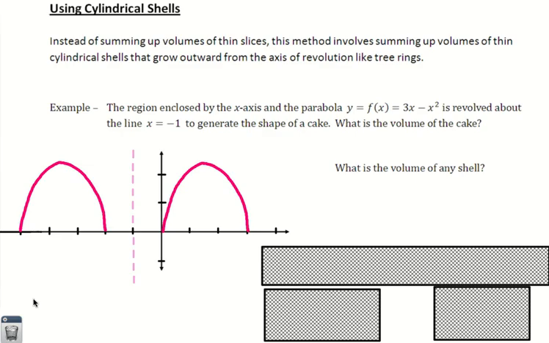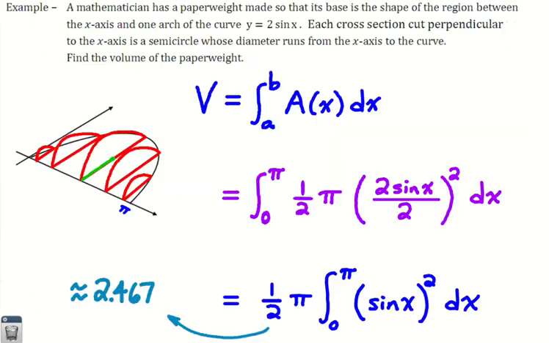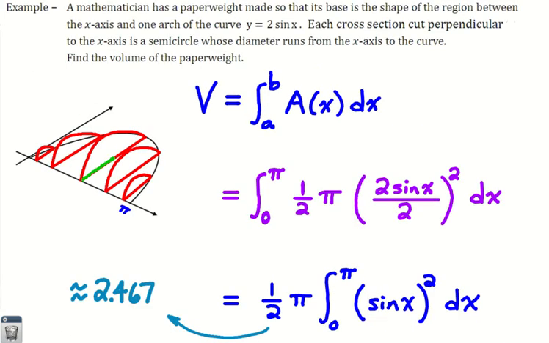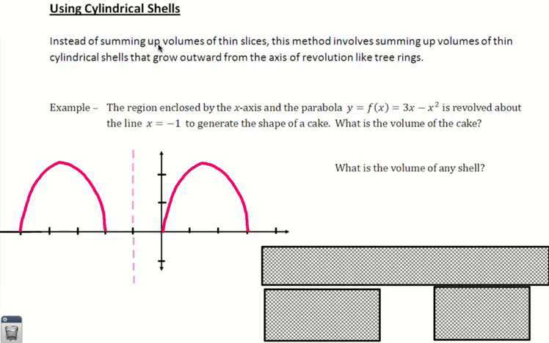Okay? Moving on. I guess all this stuff was pretty new, especially using squares and whatnot, but this is absolutely, for sure, going to be new to us. So if you need to pause the video and get this picture drawn, whatever, but I'm going to move on here. So this part of the notes is called using cylindrical shells.